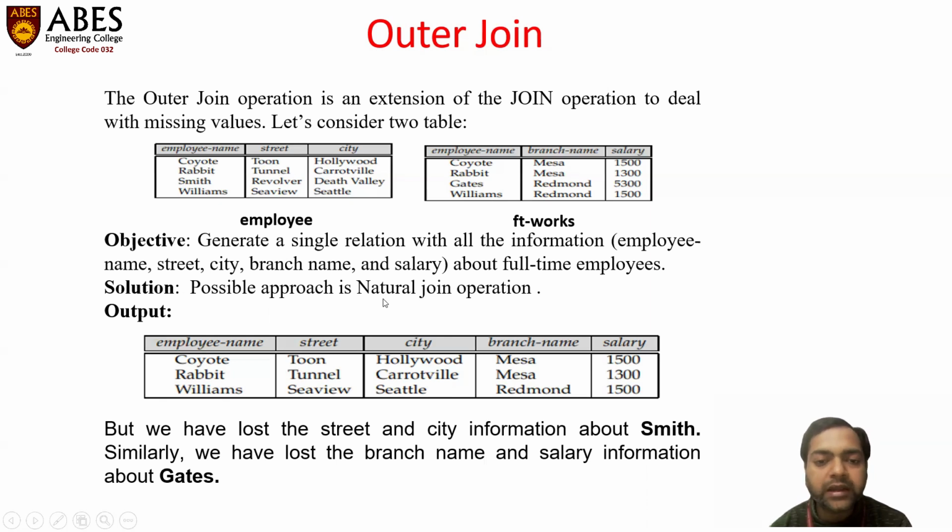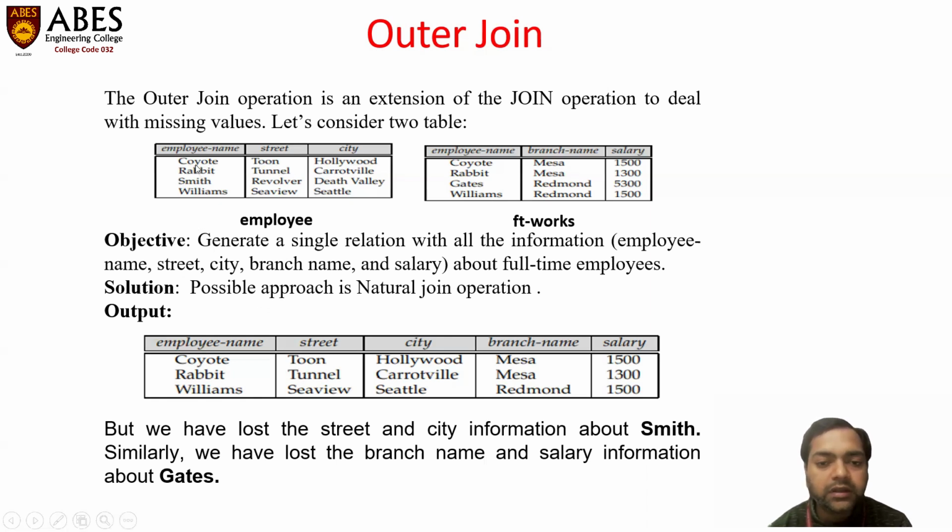So when we apply natural join, first of all we see whether we have a common attribute in those relations. Yes, that will be employee name. So you can see here employee name is considered only once, and then street, then city, then branch name, and then salary, right?